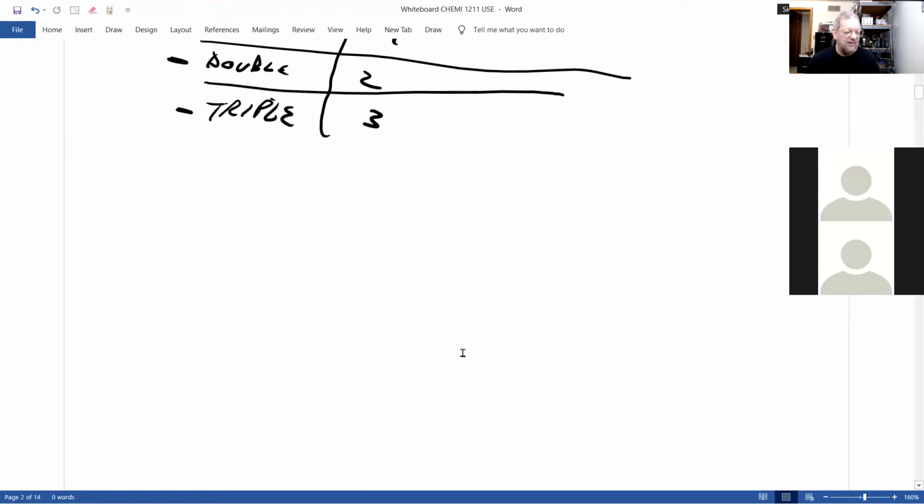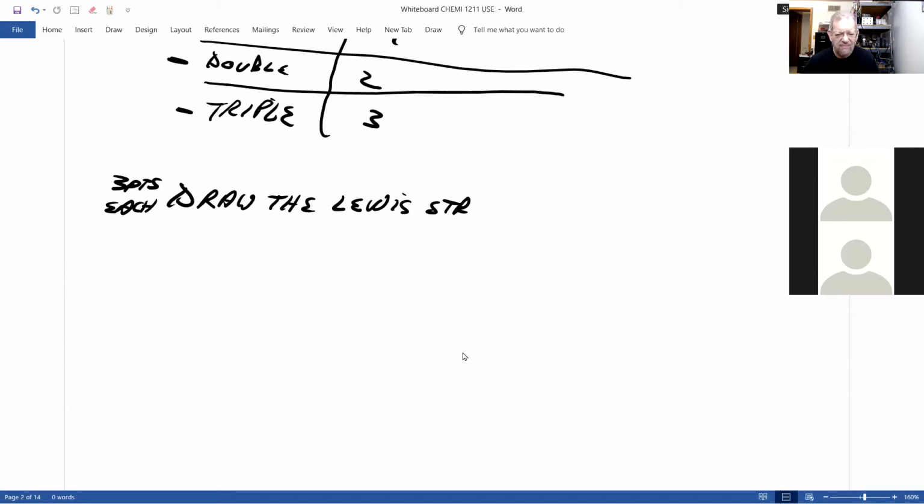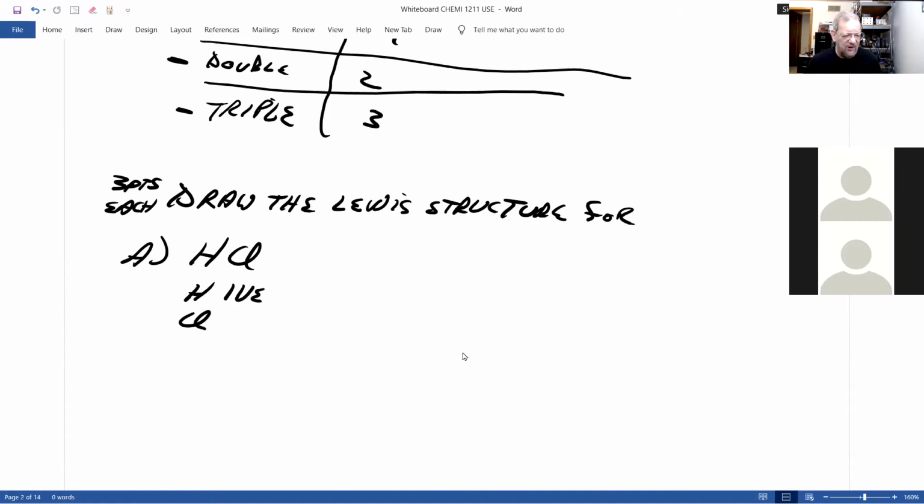So when you want to look at something like what molecule hydrochloric acid, first of all, you have to find out from the periodic table, hydrogen has 1 valence electron, chlorine has 7 valence electrons.